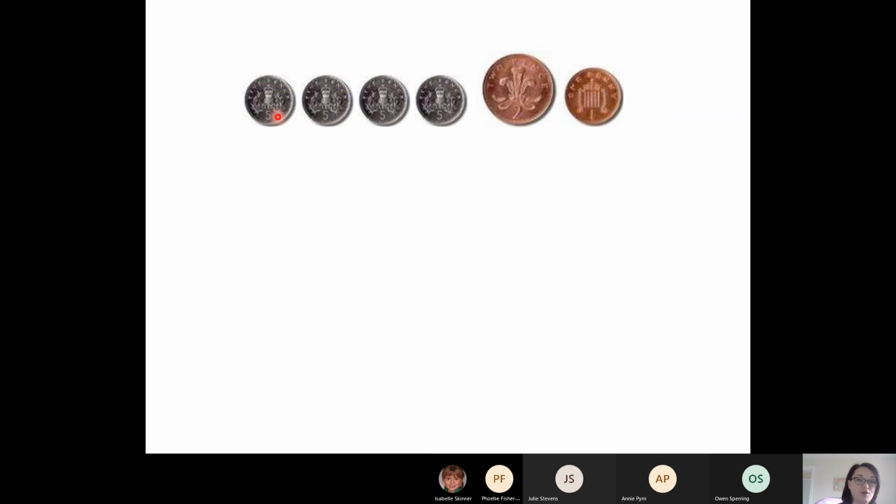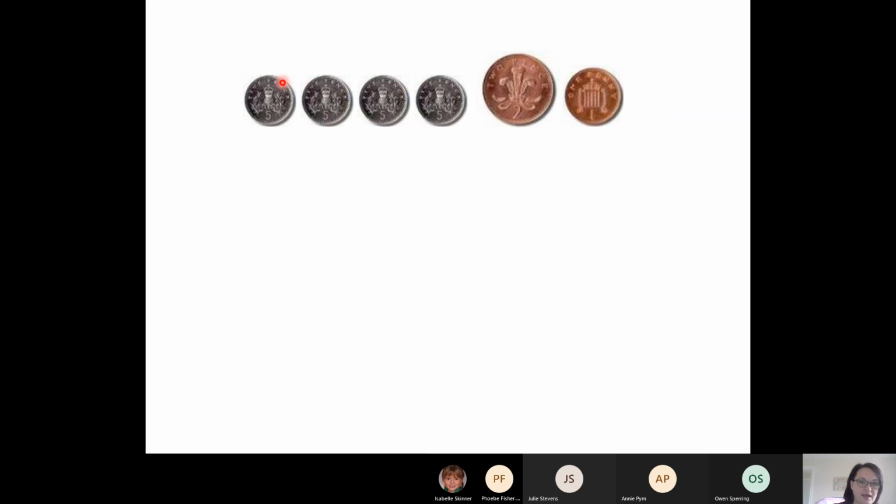Hopefully you've spotted, and we know that 5 and 5 make 10. Well, if we know 5 and 5 make 10, 5p and 5p must make a 10p. So there's a 10 that we can get just here using this 5 and 5. And that also means, well, if I can make one here, I can see I can also make one there.